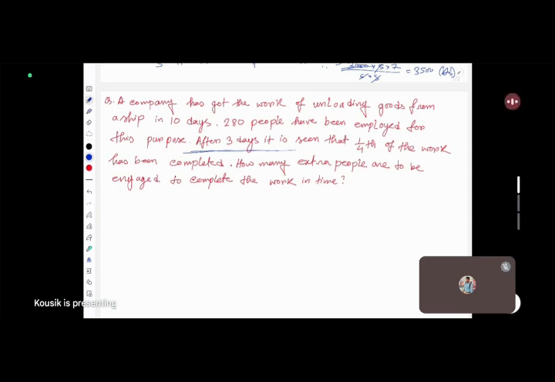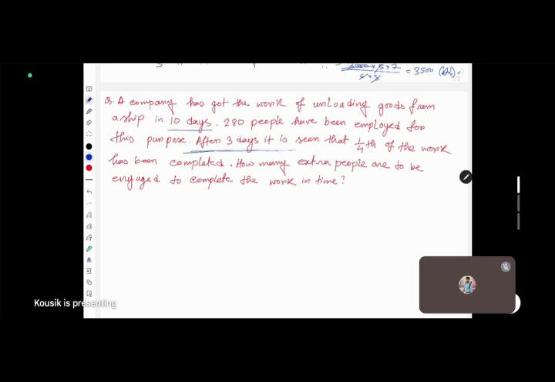So the work problem will arise. A company got work of unloading goods from a ship in 10 days.